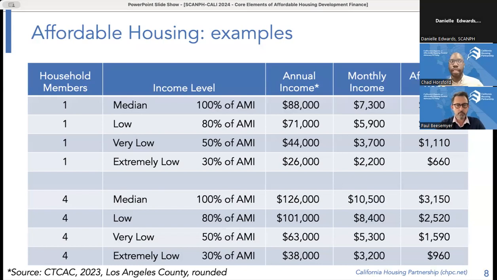That's where you're really making a lot of sacrifices in terms of what kind of housing you're looking at, the quality of it. You're making trade-offs where maybe you can't pay 30% of your income and afford a rental unit, and therefore you're paying above that, and you end up in a hard situation.